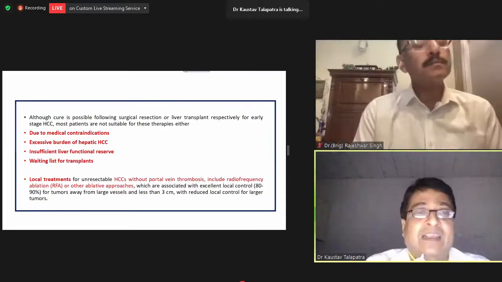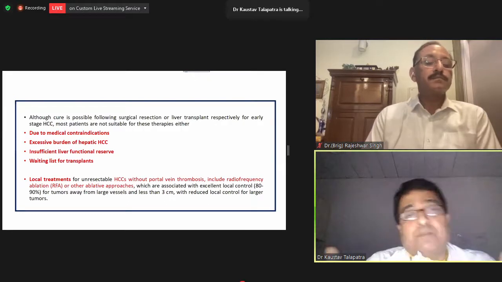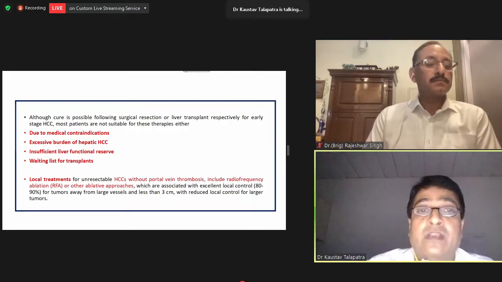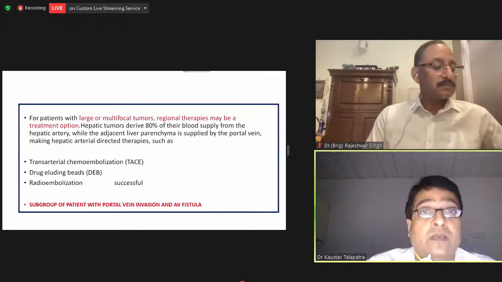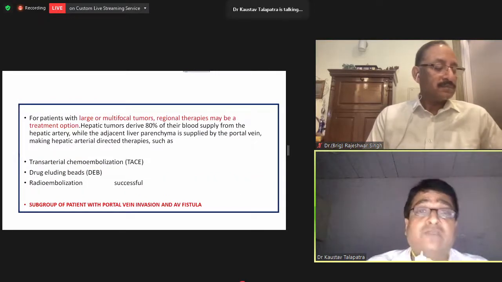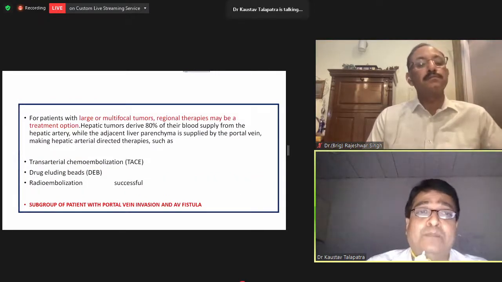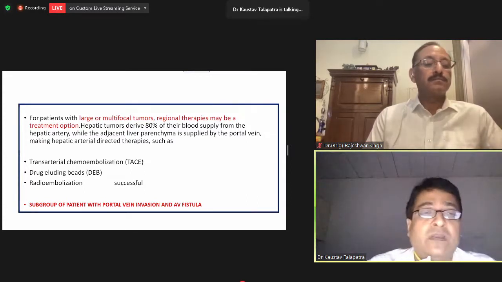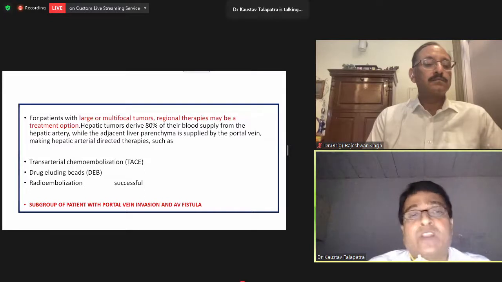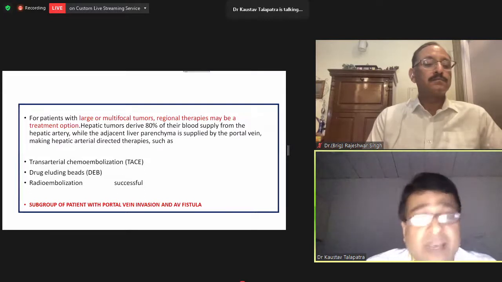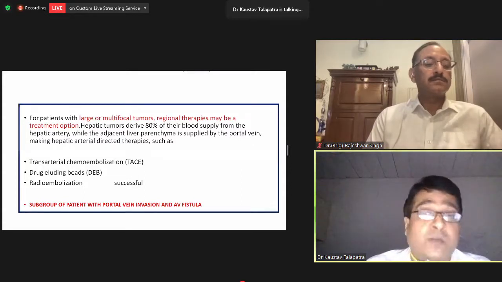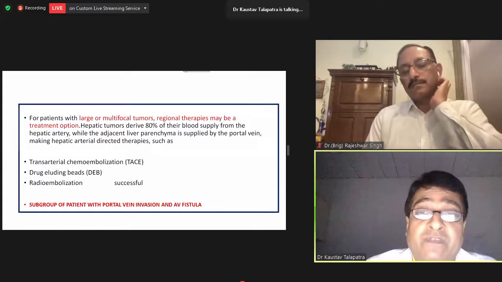But still, there is a subset of patients where local treatments like RFA cannot be performed. Similarly, regional treatments like TACE, beads, radioembolization, all that we heard about, may not be performed in a subset of patients. We know that they can access the artery, but still sometimes it is not possible due to thrombus in the portal vein and AV fistula.